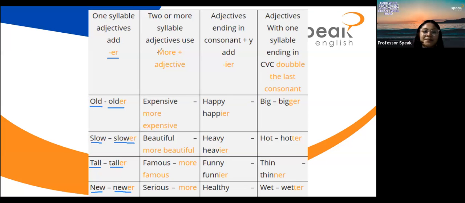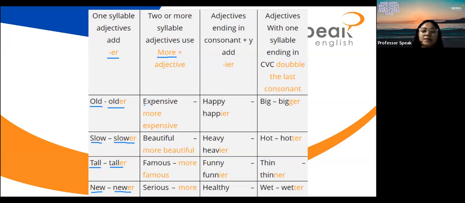Don't worry. Okay, so again, those are one syllable adjectives. But what about when we have two or more syllables? What are we going to do? In here, we're going to add something else. We're going to add more. So not only ER, but more plus the adjective.